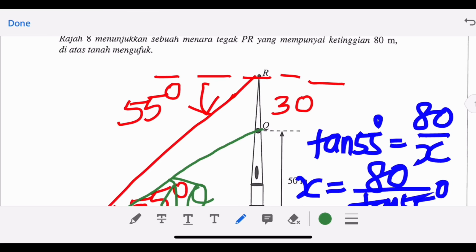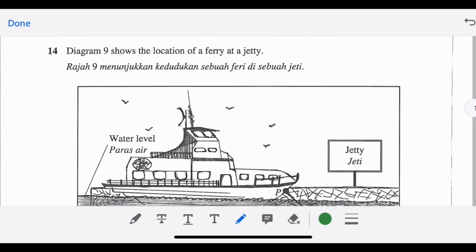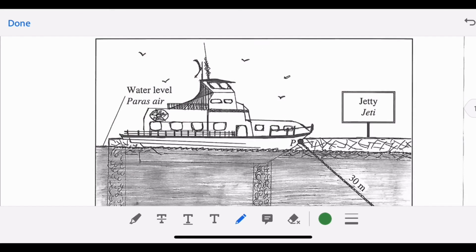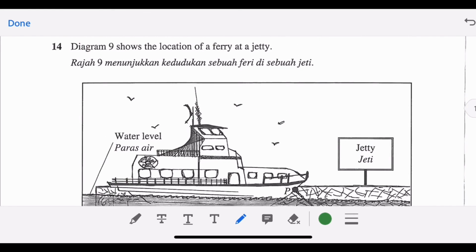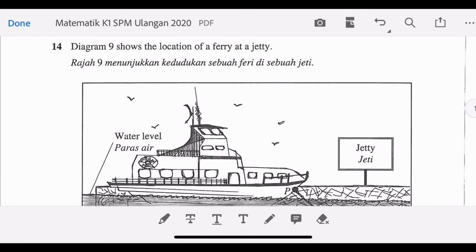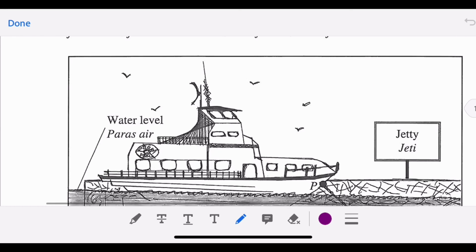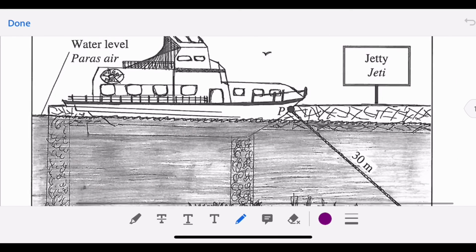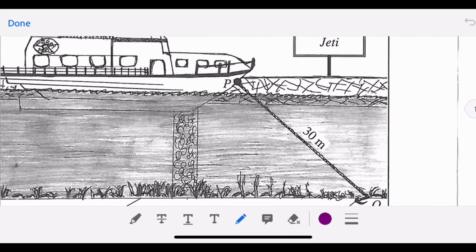Okay, and for this topic, the angle between a line and a plane, we always use trigo. Now the next question is about this one. You have a jetty.